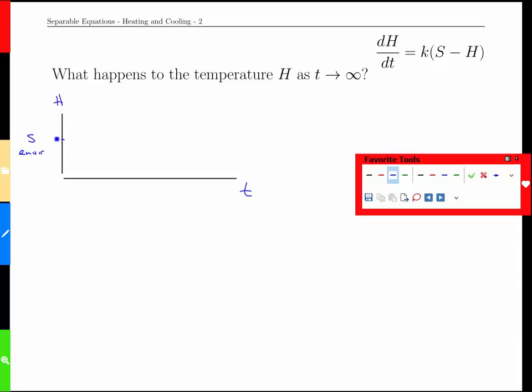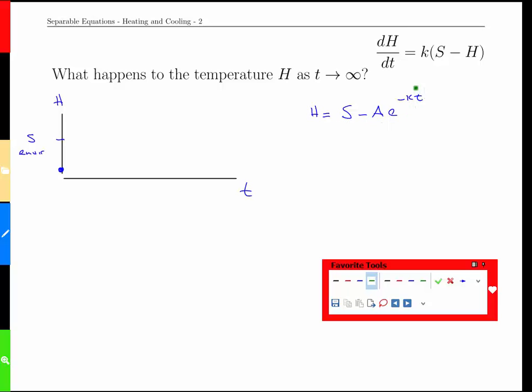So imagine this is 20 degrees, our regular room temperature, and if we take something out of the freezer and put it in a warm environment, our solution looked like S minus A e to the minus kt.